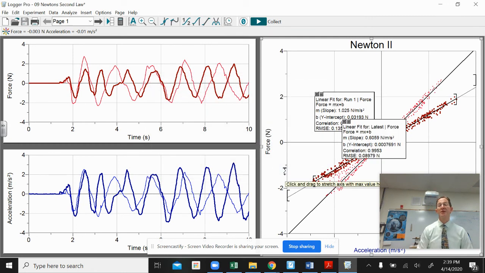You can see it's much less steep without that extra mass. We got a slope of 0.6059. We find out the mass of the cart without that extra mass: 738 grams or 0.738 kilograms, which is pretty close to the slope we have right there. So from that, can you develop an equation that will connect force, mass, and acceleration?